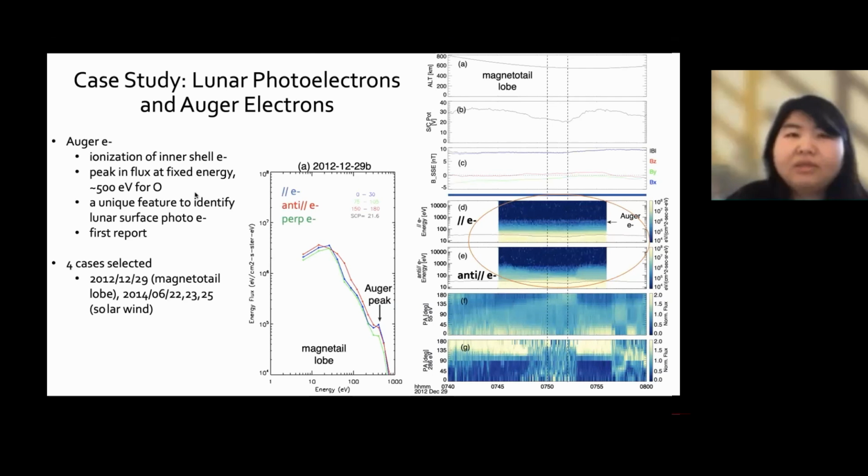So theoretically, if you measure those peaks, you can understand the composition. But it does require very fine energy resolution measurement on the lunar surface.